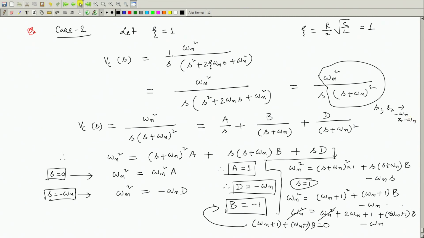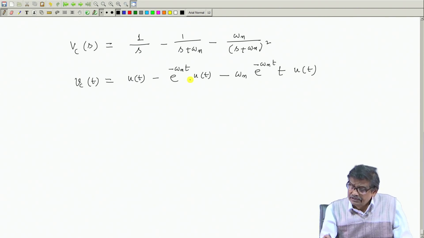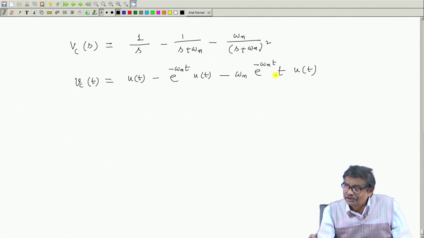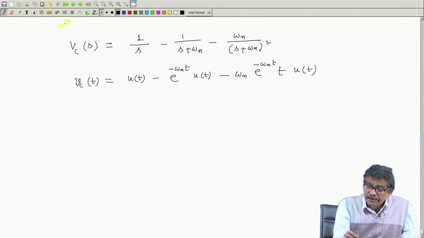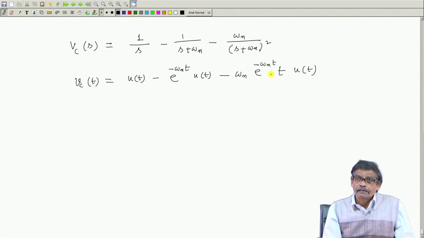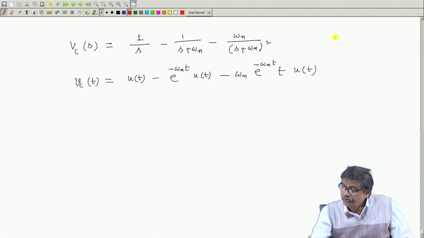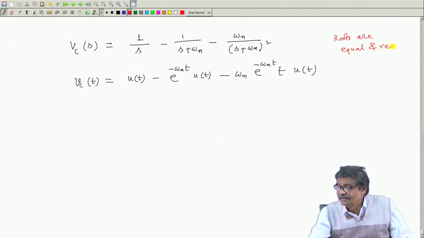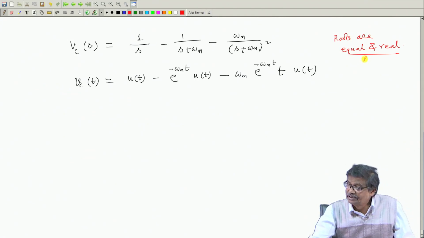So, I know from our differential equation fundamentals that the solution will be a plus b t into e to the power minus omega n t. Anyway, this will be the response. So, you can write the comments here: roots are equal and real with zeta equal to 1.